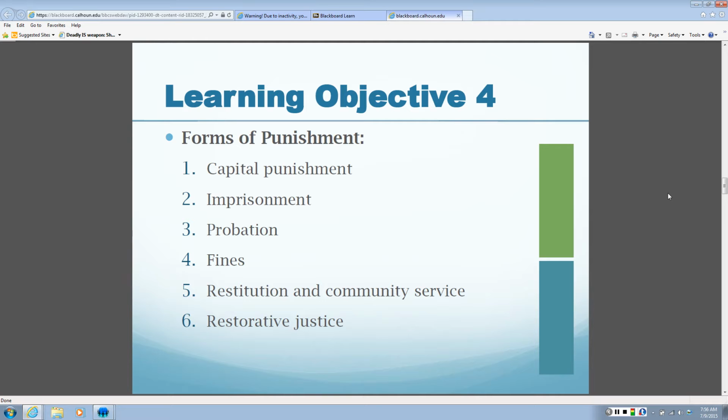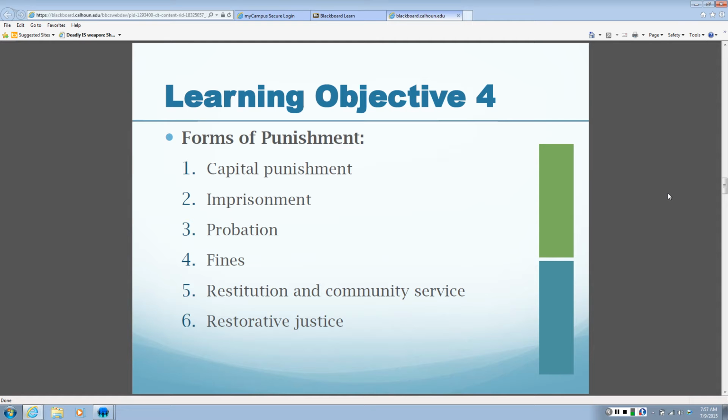Now, probation is simply where, in lieu of going to jail or prison for your crime, you have been convicted of it and you have received a sentence, but in lieu of actually going to jail, you are given probation, which basically is a fairly restrictive set of rules and guidelines that you must abide by for the length of time that you have been put on probation. And if you violate those rules and regulations, you can be rearrested. If you are found guilty of violating that probation, you can be sentenced to serve whatever the original jail sentence that was suspended for the probation was.